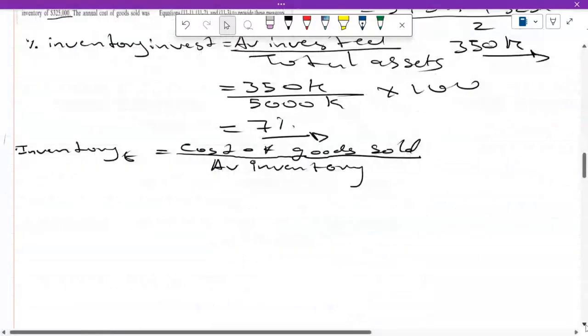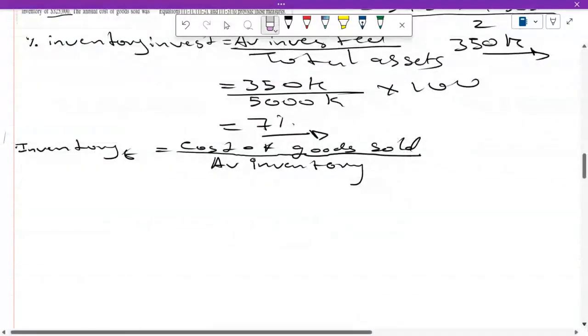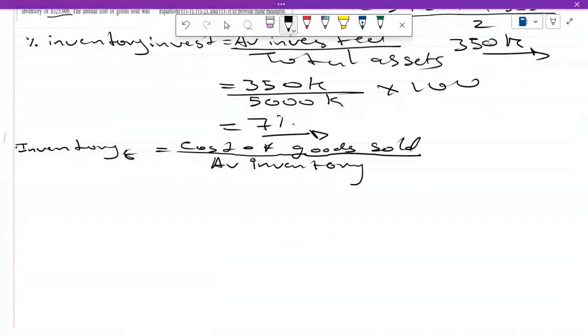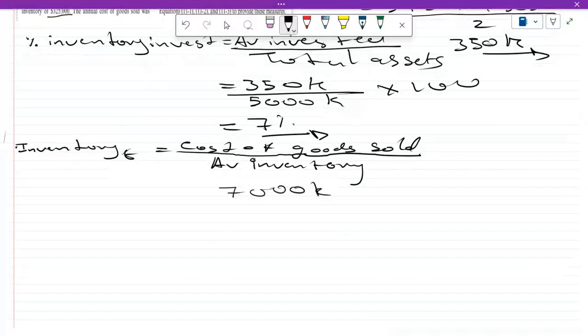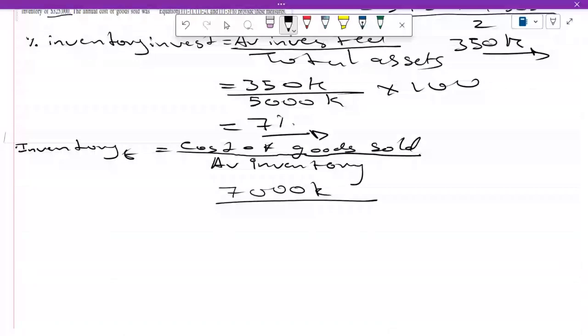Okay, so we have 7 million over the 350K, which is equal to, what's our answer?